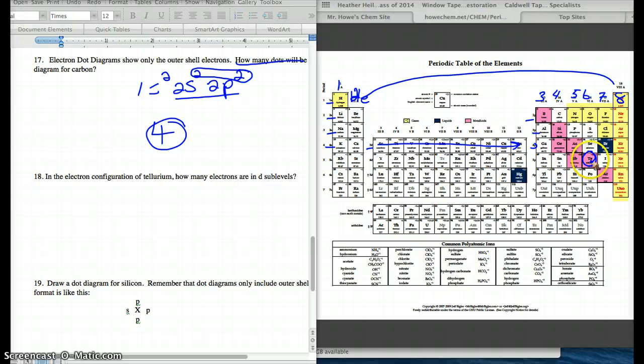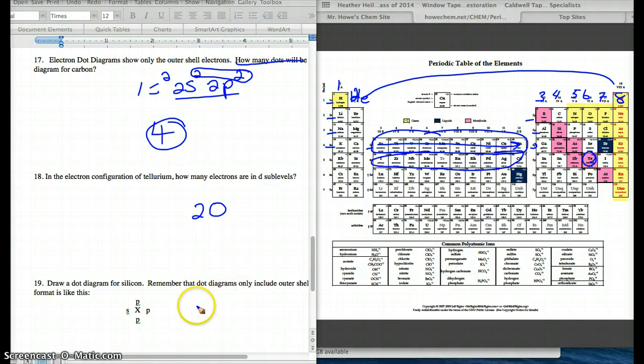That's the same configuration that we wrote earlier. We went through d electrons in the 3d sublevel here, and also in the 4d sublevel. So there are 20 total d electrons in tellurium. 10 from the 3d and 10 from the 4d.